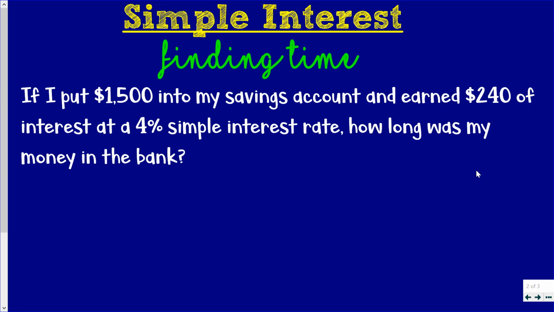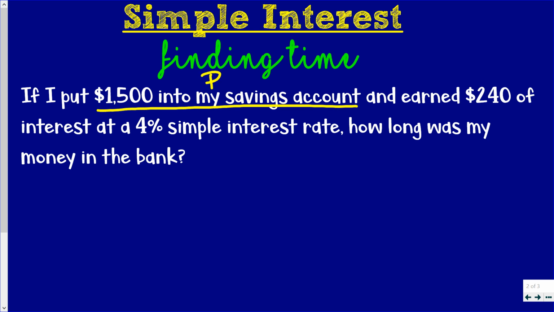All right, now we're going to go ahead and find time. If I put $1,500 into my savings account and earned $240 of interest at 4% simple interest rate, how long was my money in the bank? So $1,500 into my savings. So that means that was my original amount.